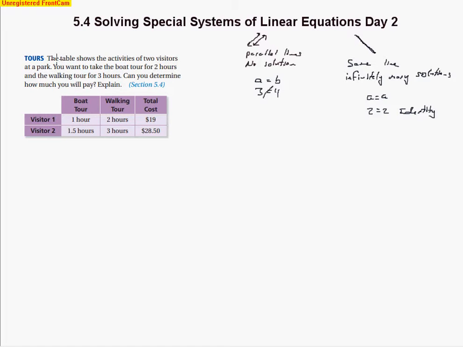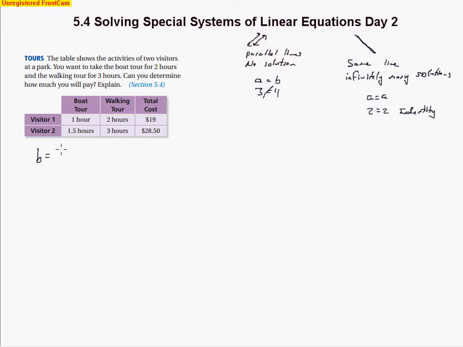It says that the table shows the activities of two visitors at a park. You want to take a boat tour for 2 hours and walking for 3 hours. Can you determine how much you will pay? Explain. We can find out how much the boat tour costs. We're not sure, but we know that visitor 1 went 1 hour on that boat tour. So let's define some variables here.